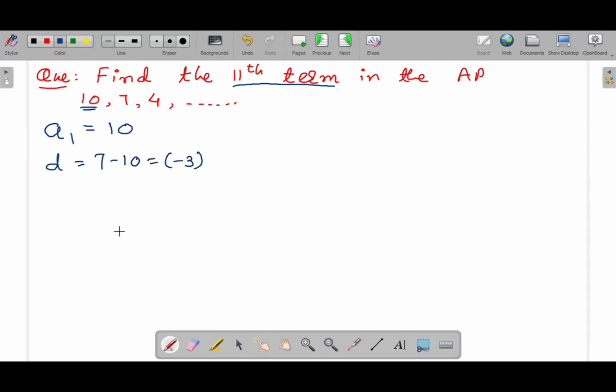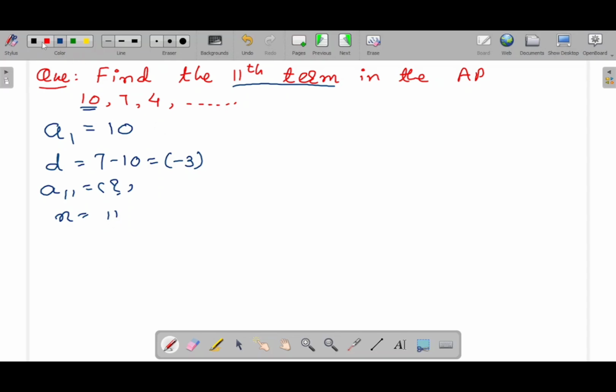Please remember, every time you have to subtract the previous term, meaning A2 minus A1, or A3 minus A2. Keep this in mind. And you want to find the 11th term, that means you want to find A11, and obviously n is equal to 11.